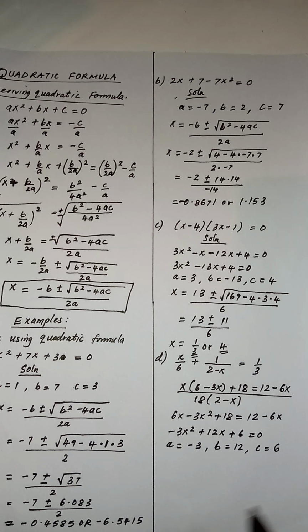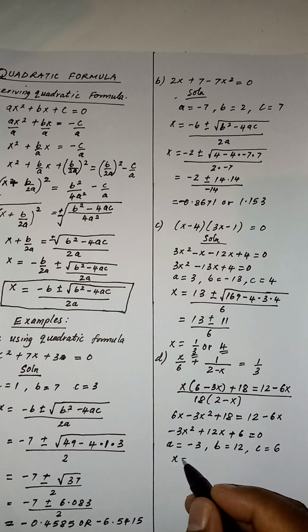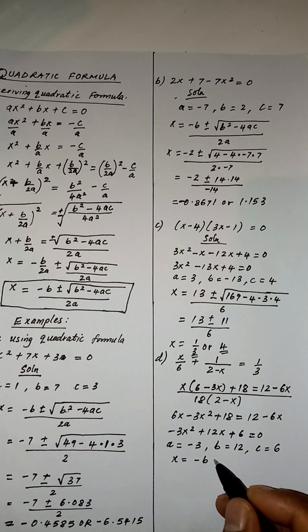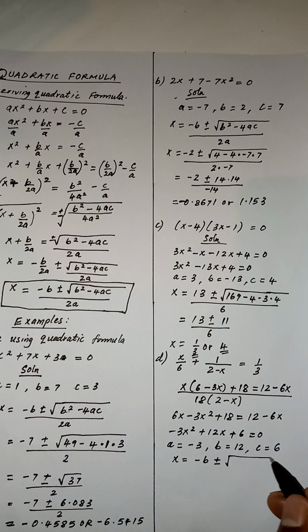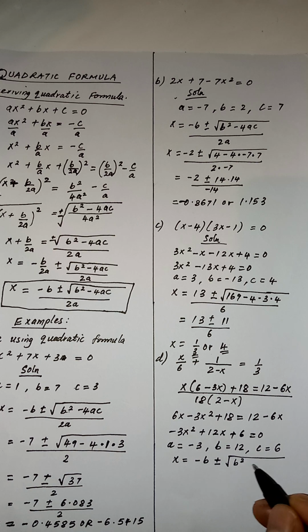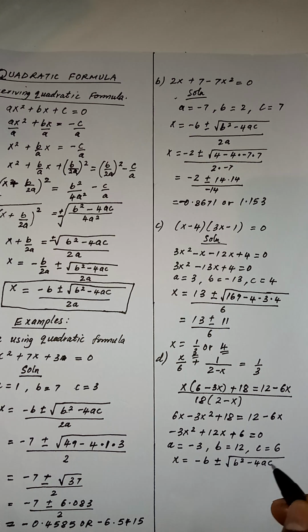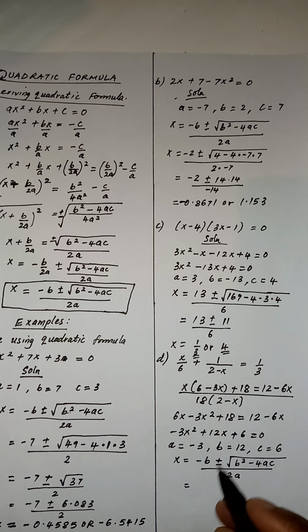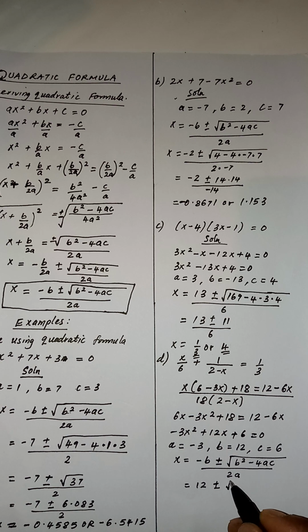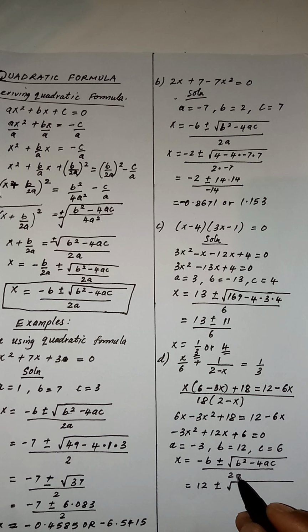So the quadratic formula: x is equal to minus b plus or minus the square root of b squared minus 4ac, over 2a. So we can substitute the values. Minus b is minus 12, plus or minus the square root of b squared.